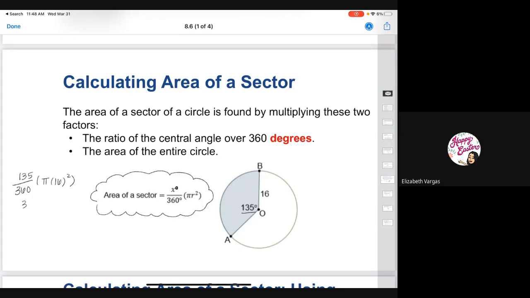Okay, I'm able to solve for that, which is approximately 96 pi. So that would be my area of that sector. Again, you use this when your central angle is in degrees.